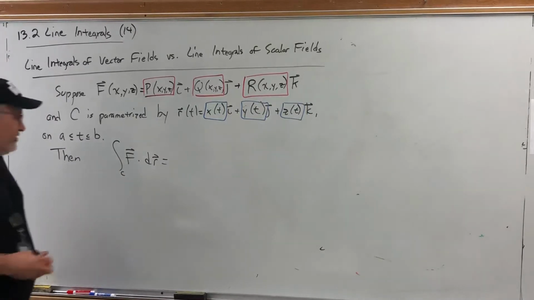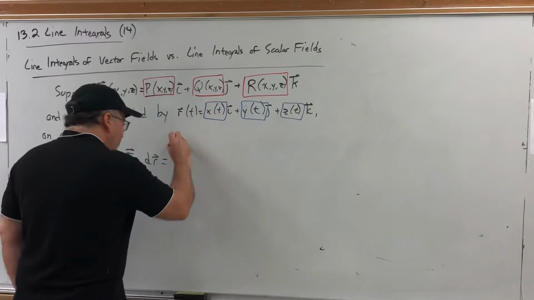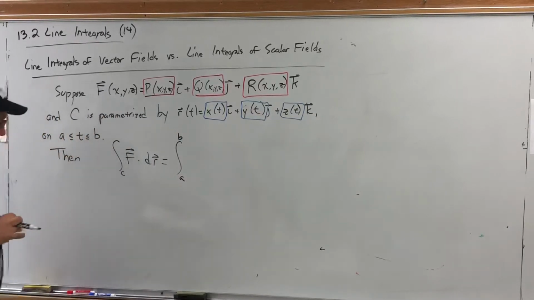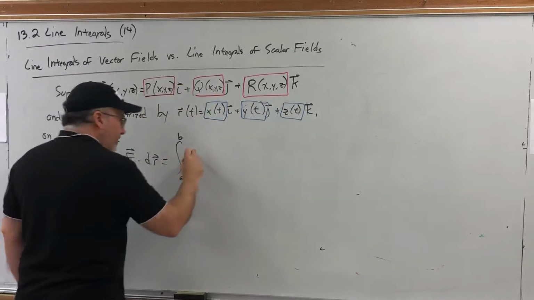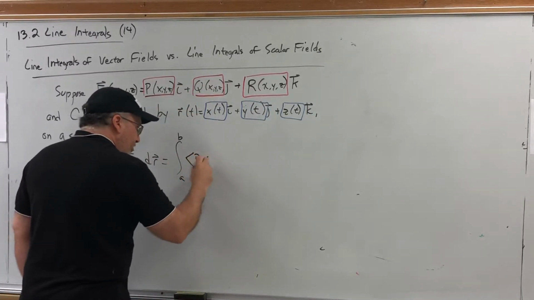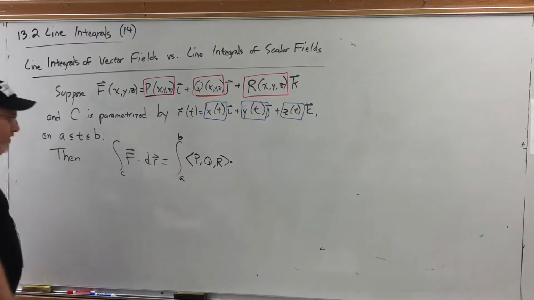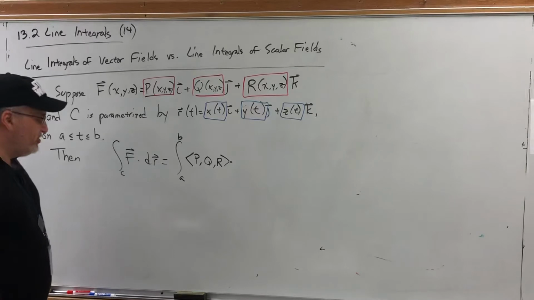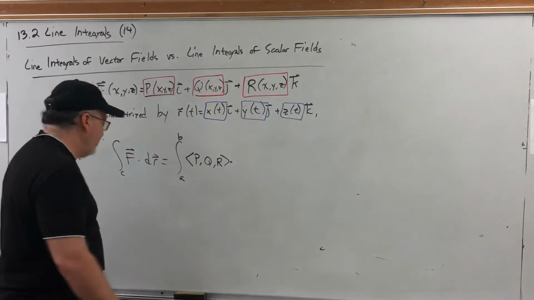Well, let's think about what these things mean. We'll go ahead and go from a to b because we're about to make the transition to just t's. This function, evaluated at that, is the vector <P, Q, R>. Again, I'm shifting to the pointy parentheses notation for brevity, and I'm leaving out the x, y's, and z's as the inputs with the assumption that we already know that they are the inputs.